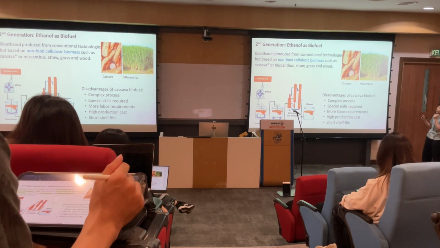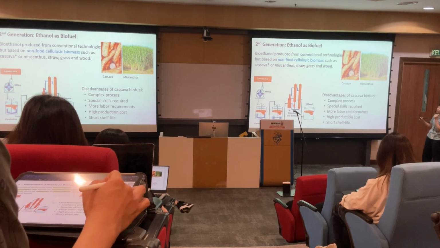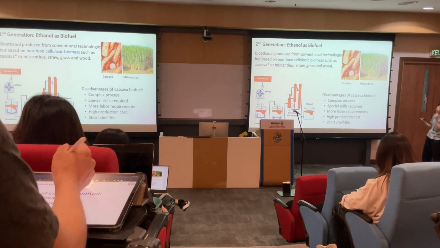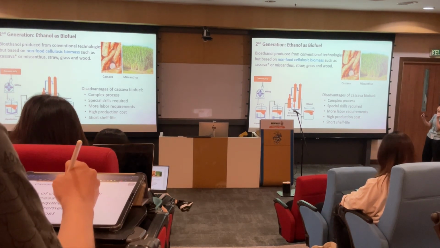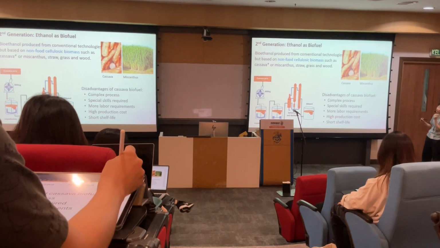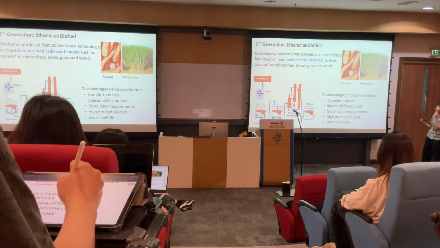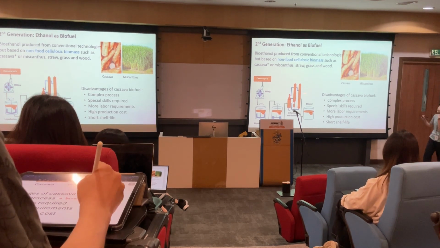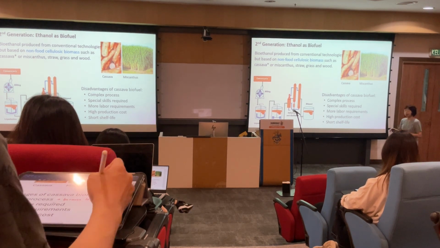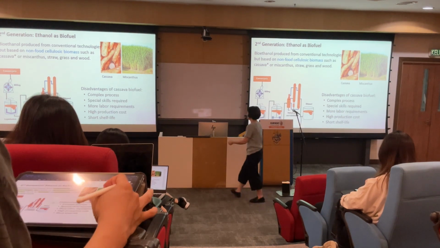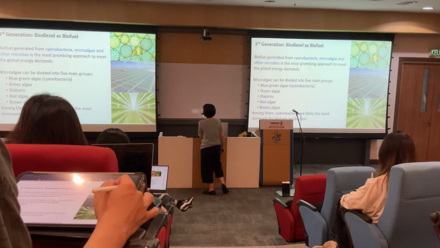You need special skill, you need more labor, and there are high production costs, because getting the sugar out of this has to go through many steps. So it's a high cost and also short shelf life. Alright, so this is not easy. So then they abandon it, and they go for the third generation, which we are doing now.